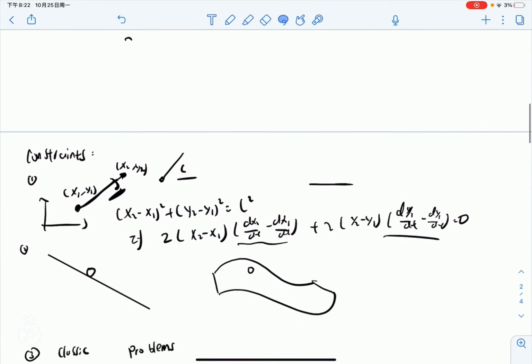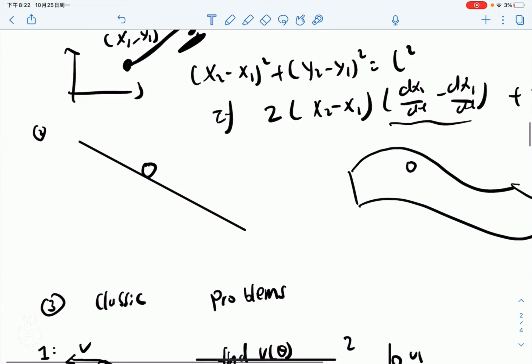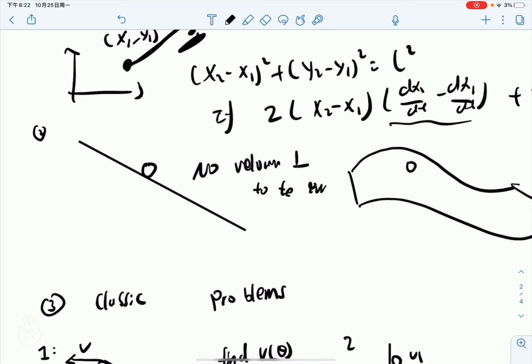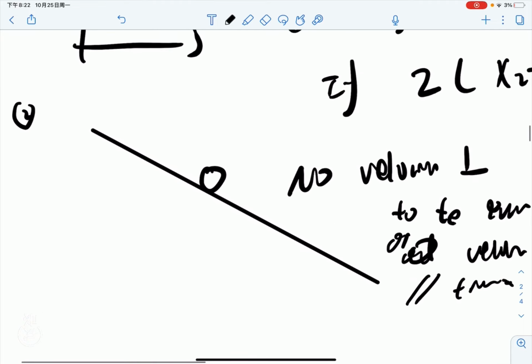And moving on to planes. So the constraint of a plane is that there is no velocity perpendicular to the plane, and velocity must be parallel to the plane. So basically, you can't have velocity like here.